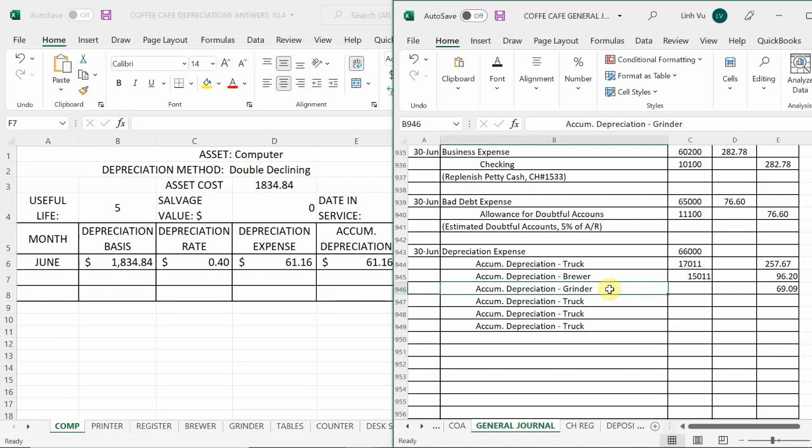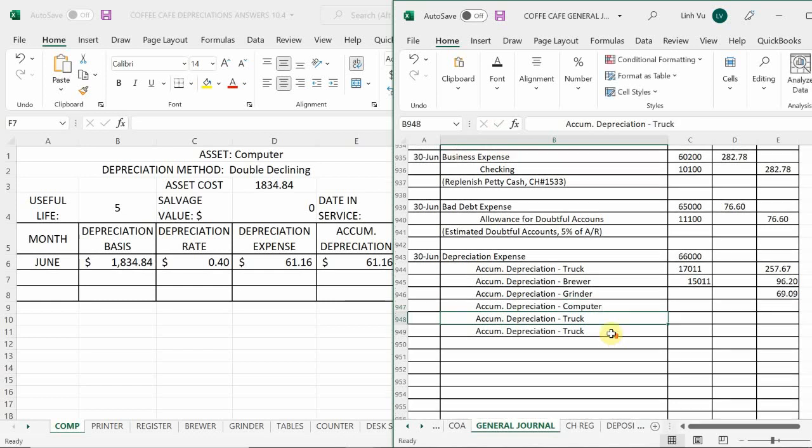Oh no, did I put the wrong numbers in the wrong spots? Okay, so here, we're doing the computer.